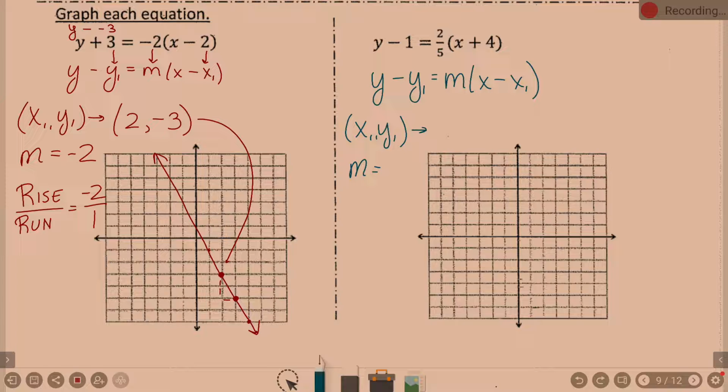Jacob, give me one of the pieces, whether it be part of the XY ordered pair or the slope. This is why I tried to write this right below, so you could match pieces up.